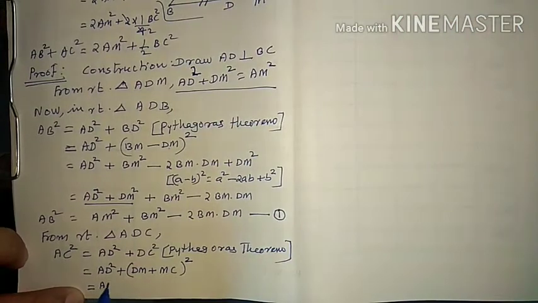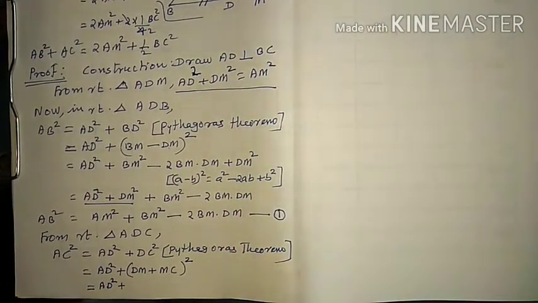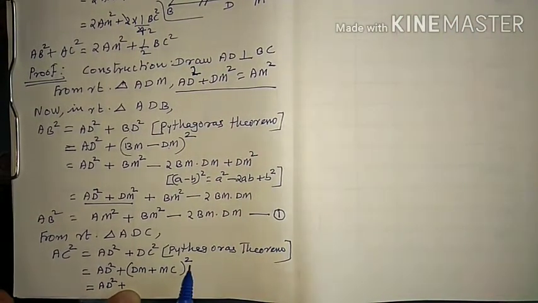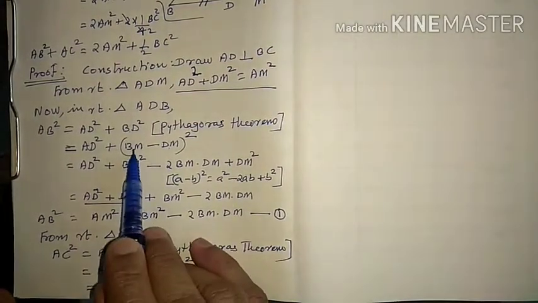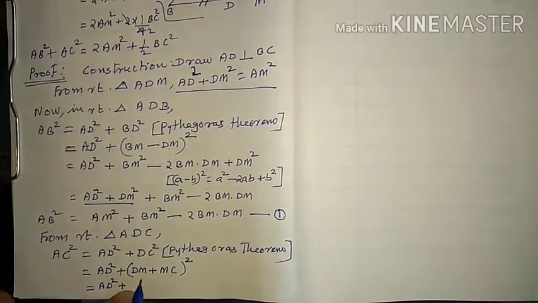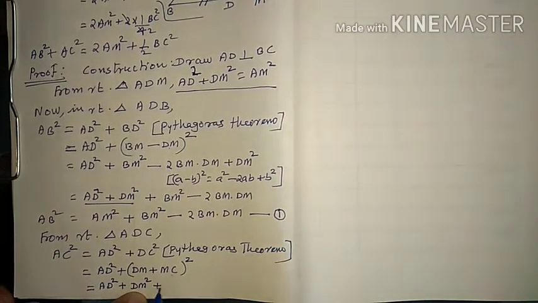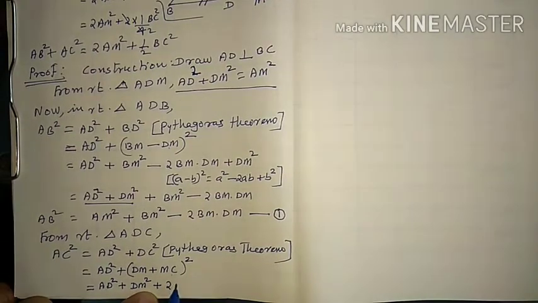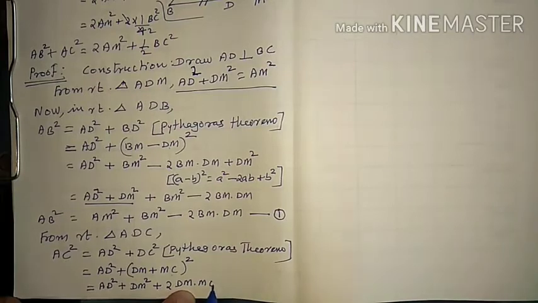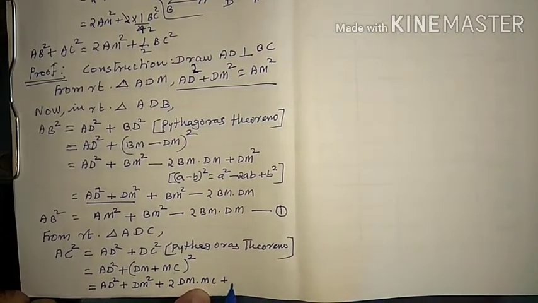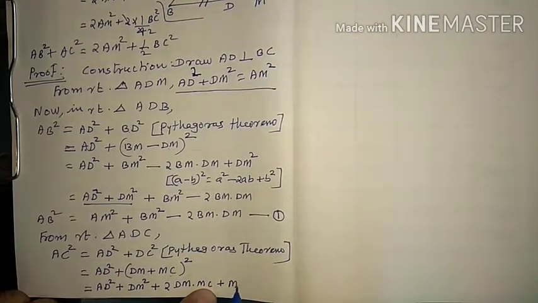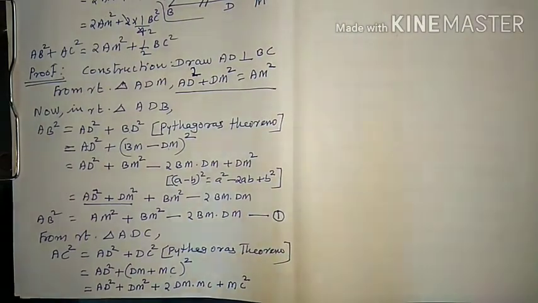This is AD square plus, now it is A plus B whole square. Earlier we used A minus B whole square. Now we use A plus B whole square. So here it is DM square plus 2 times DM into MC plus MC square. Here you can write A plus B whole square expansion.